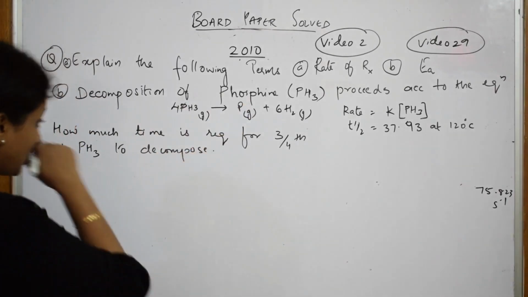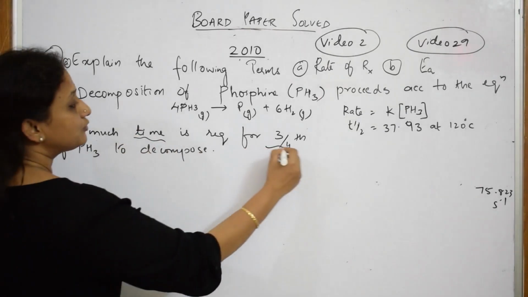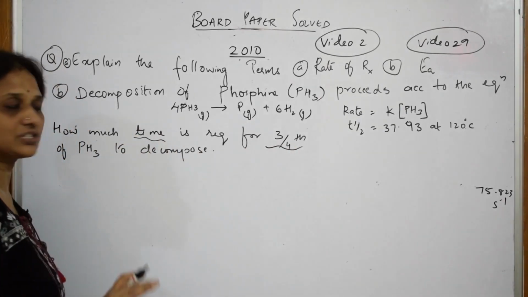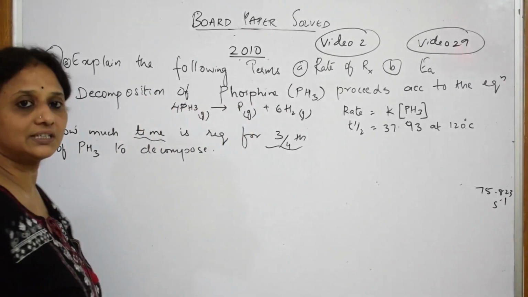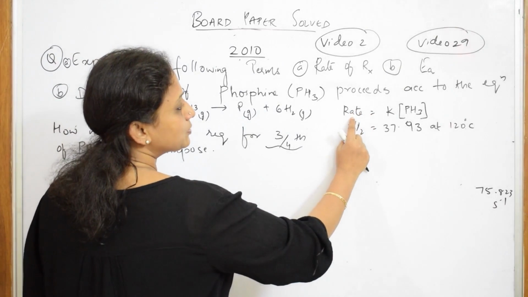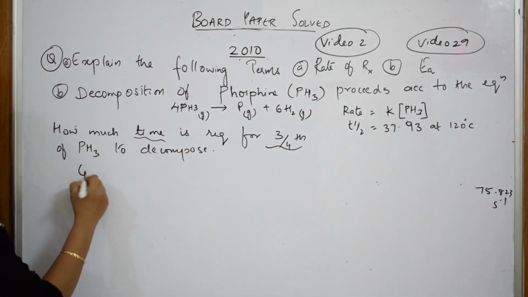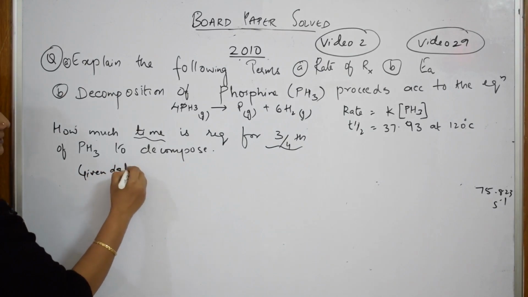So they've given this particular data. What should I find out? I have to find out the time, correct? How much for 3/4 of the decomposition. Now, as soon as such a question is given to you, see whether it is first order reaction, second order, or zero order. As we know, rate depends upon only one concentration term, so it is first order reaction. So write the formula. So given data in that.